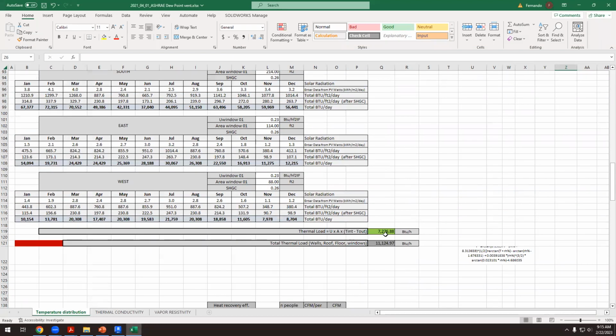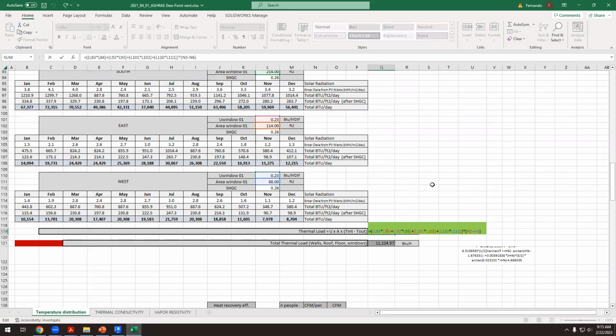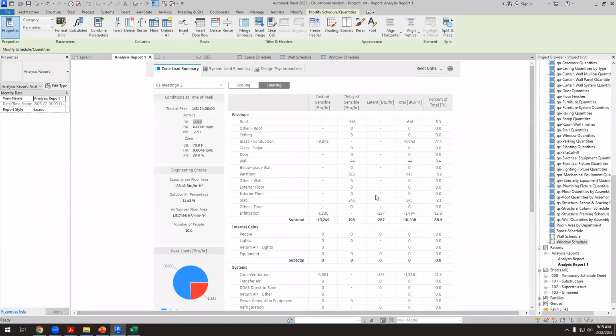Okay, so this is how we calculate the thermal load in Revit. It should be something similar to what Revit has done here. In this we have 9,000 for windows.